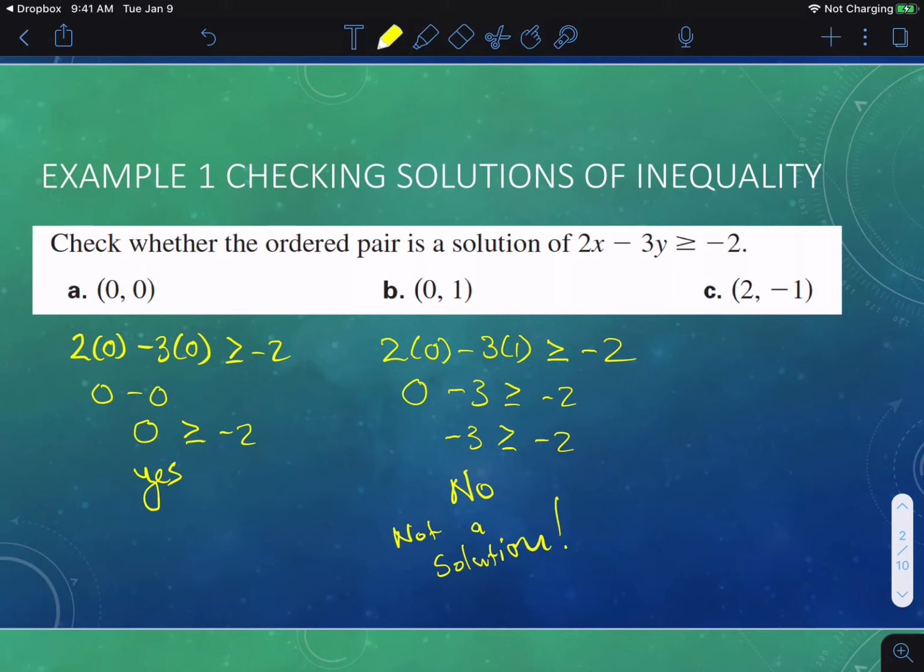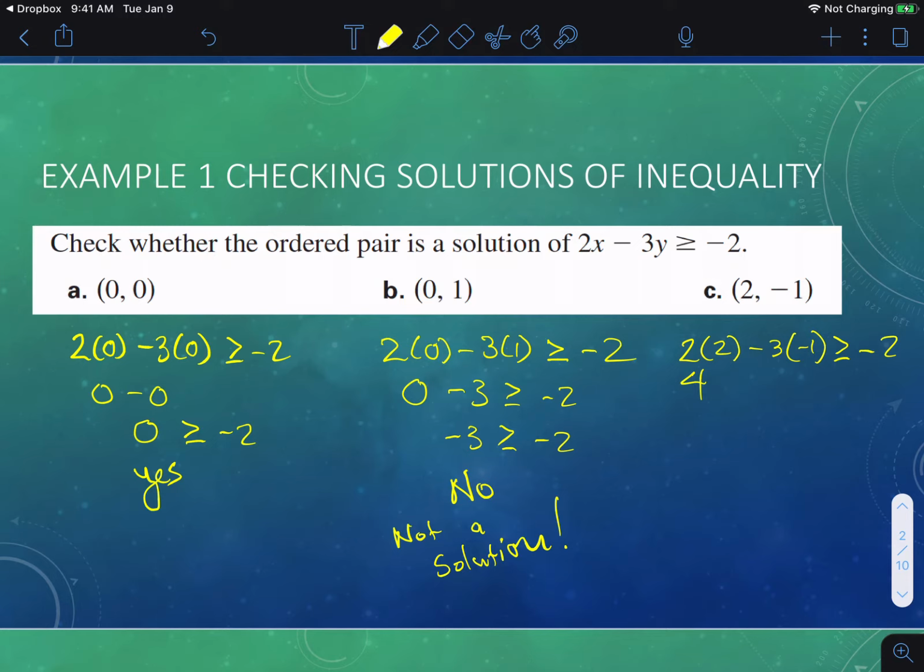Now let's check one that has no zeros in it. The point is (2, negative 1). So x is 2 and y is negative 1. Let's see if that gives us truth in this inequality. So we go 2 times 2 minus 3 times negative 1. Is that greater than or equal to negative 2? 2 times 2 is 4.